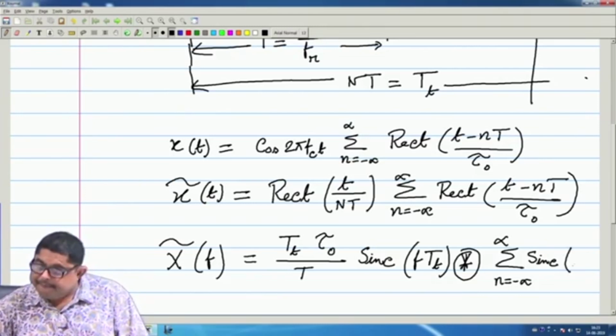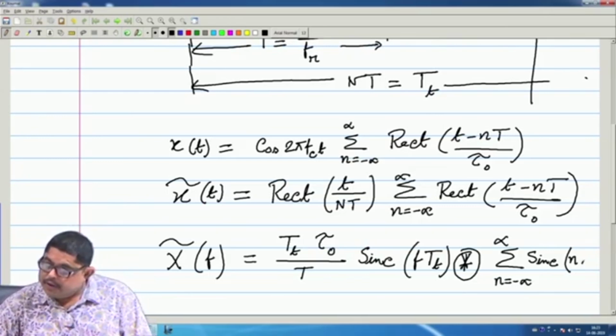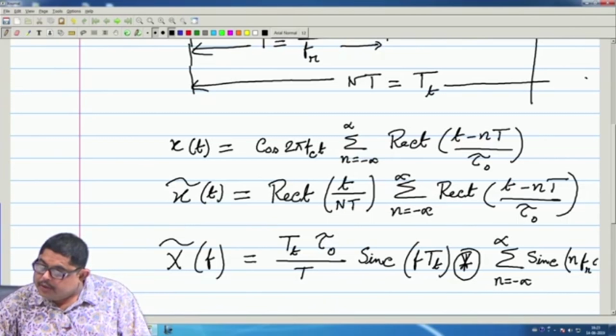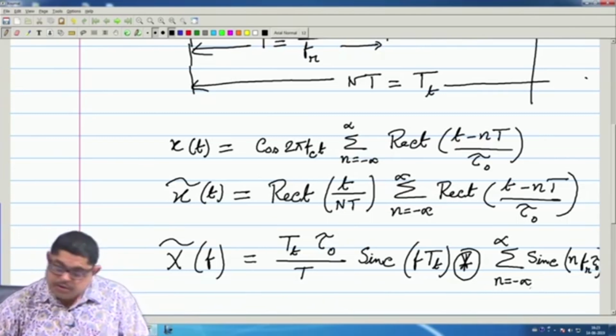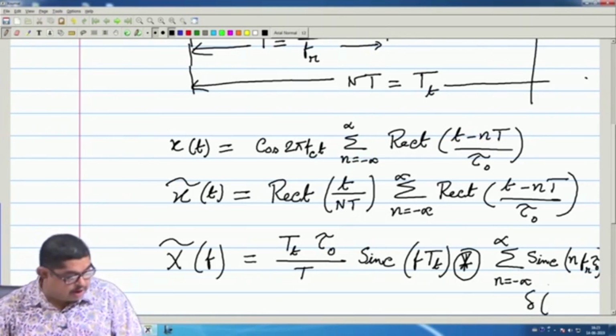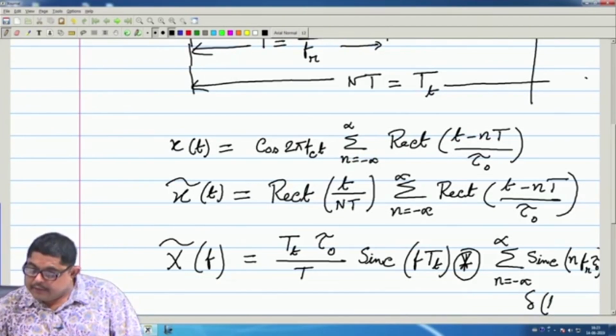Sinc in f, tau naught, into, for every rectangular thing there will be a delta function coming.